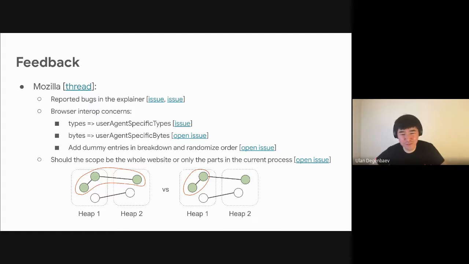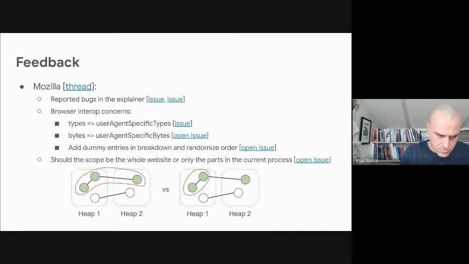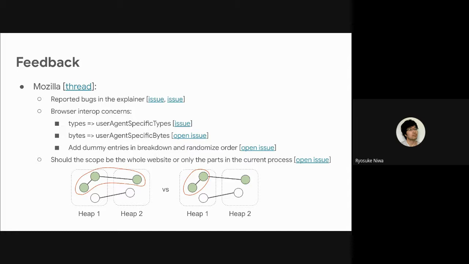I think it would not be observable whether a cross-origin iframe is in the same process or in another, because we report on the allocated objects by the iframe. Well, based on the memory usage, you can infer. Anyways, I have to leave, so yeah.